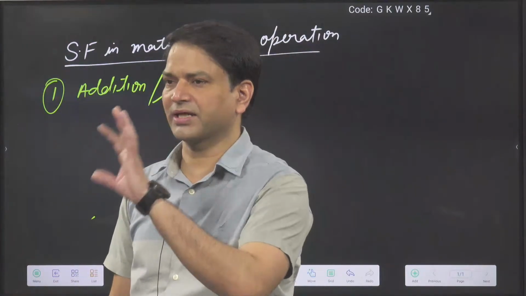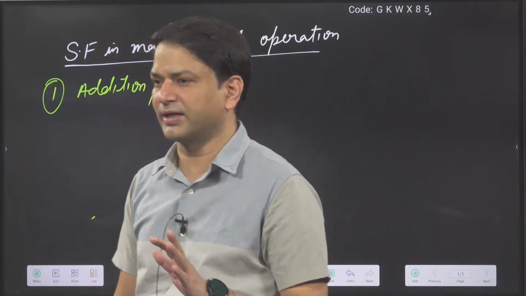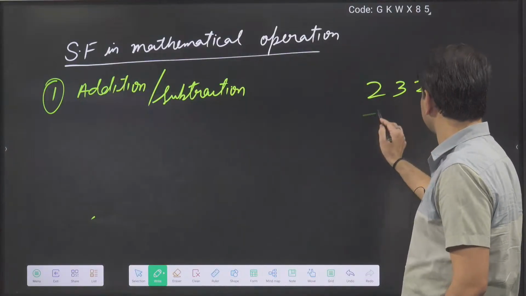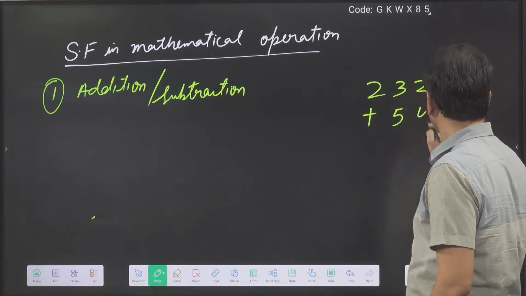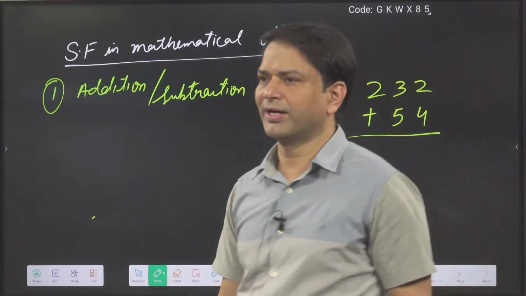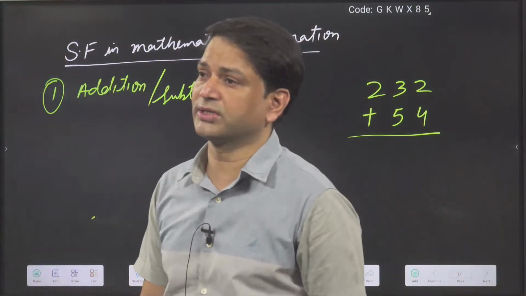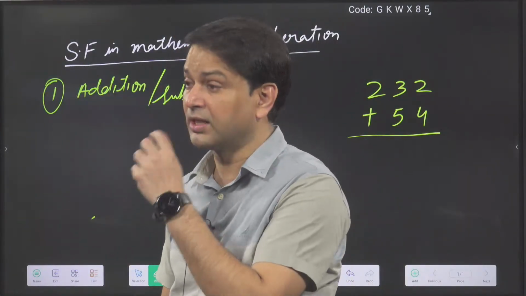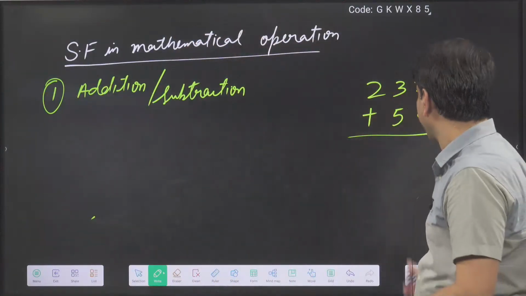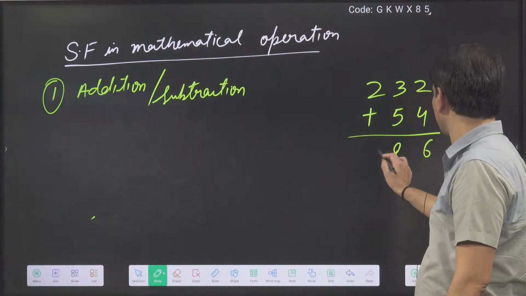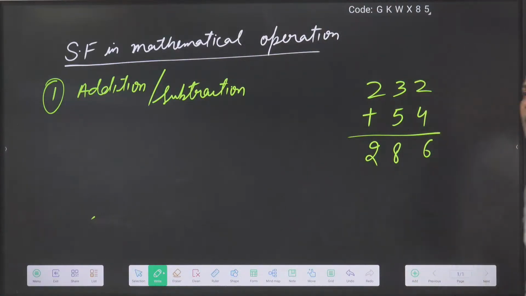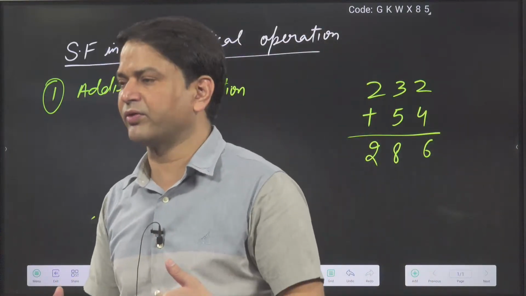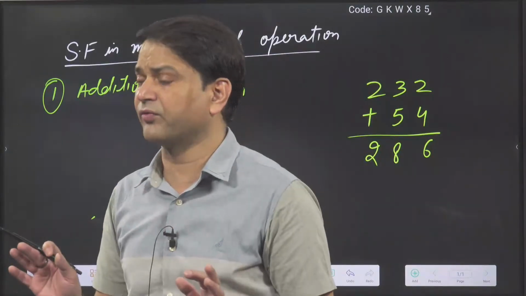One thing: if the numbers do not contain a decimal, suppose one number is 232, which has 3 significant figures, and 54 has 2 significant figures. After adding, we get 286. In addition, when the numbers do not contain a decimal, whatever sum we get is up to the correct significant figure.